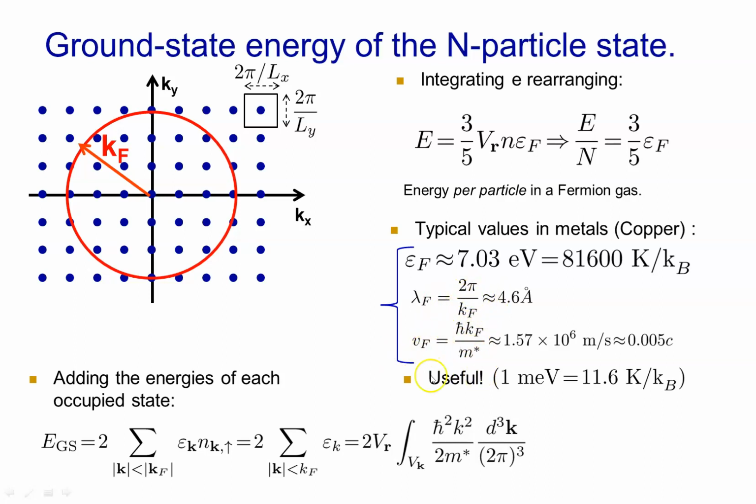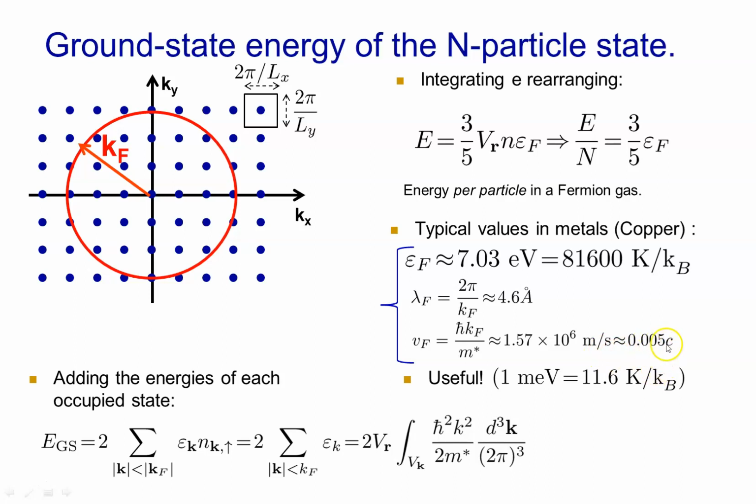But the other important thing is, what is the typical momentum for these electrons, or the velocity, the Fermi velocity. This is another important parameter. If you calculate that with typical effective masses for metals, this gives you about 1.5, 1.6, maybe a factor of 2, 3, 4, but 10 to the 6 meters per second.